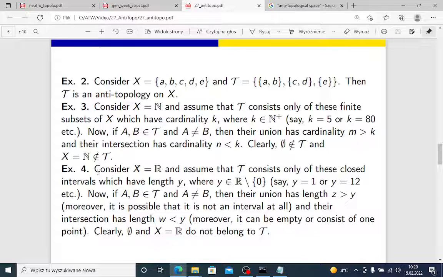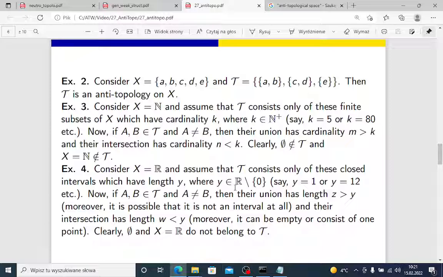Again, consider the set of real numbers and assume that T consists only of those closed intervals which have length y, where y is a certain number. So they are of length 1 or 12, yes, we should fix it. Now we take two different subsets from T, two intervals of this kind which have the same length.